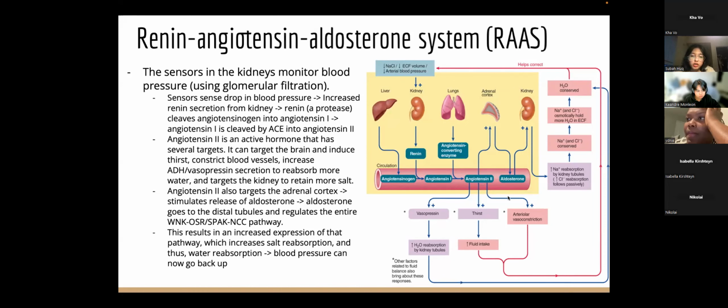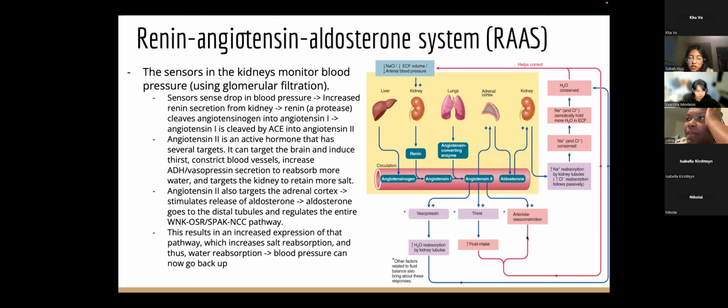It can also increase your vasopressin secretion, or ADH. And ADH basically tells the kidneys to reabsorb more water. So once again, you would want to reabsorb more water because you want more water in your blood plasma, so that you could increase the blood pressure.